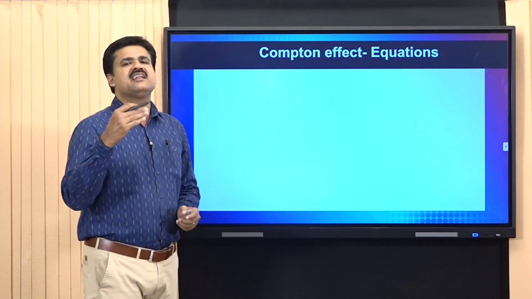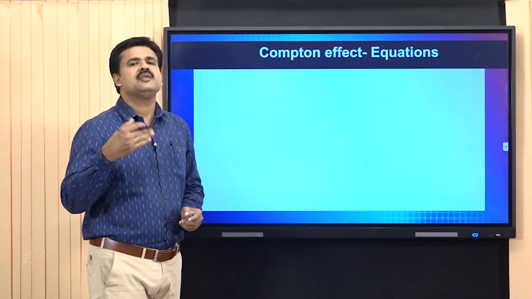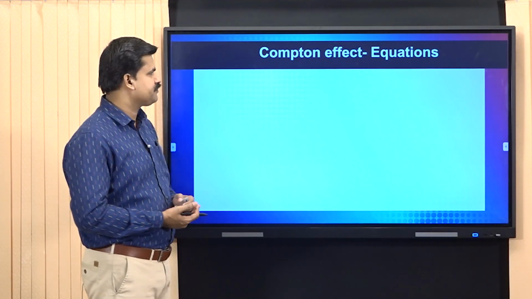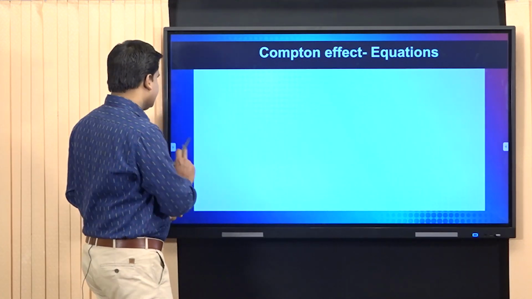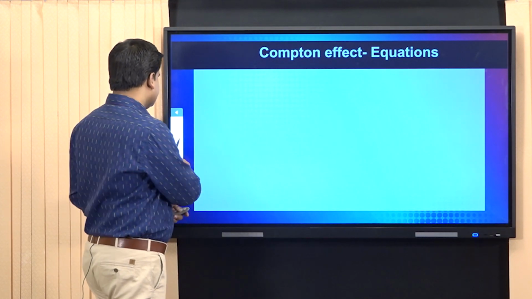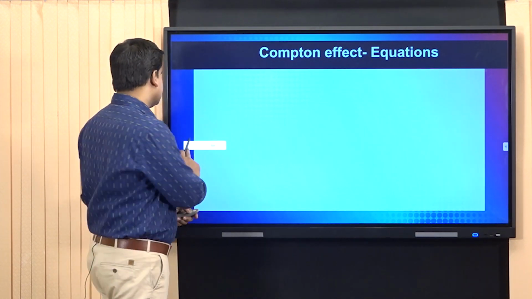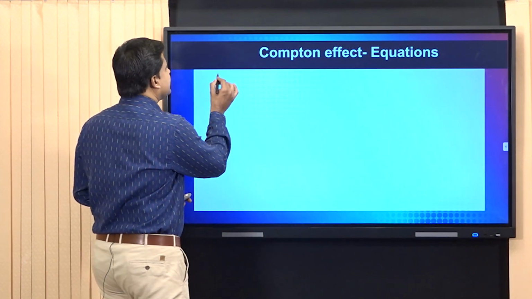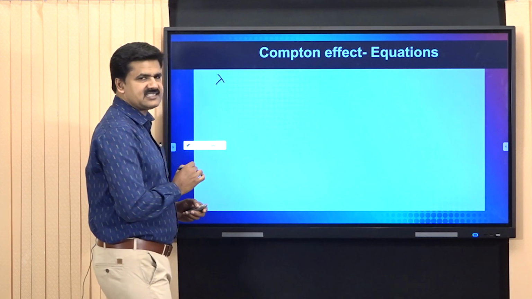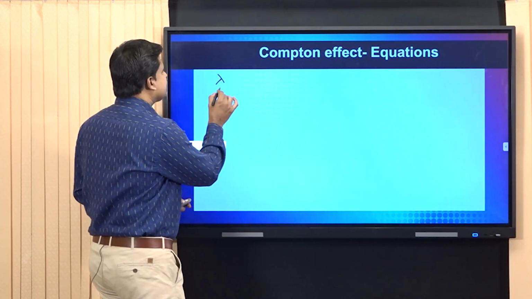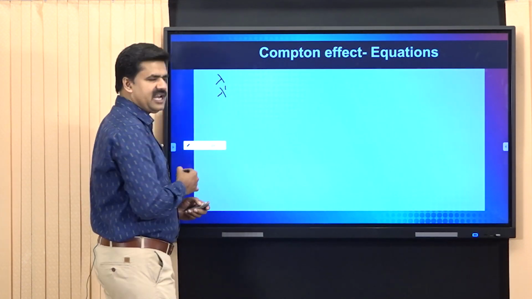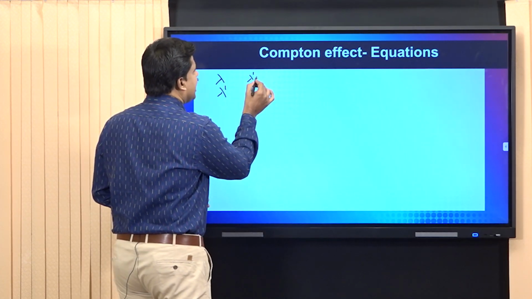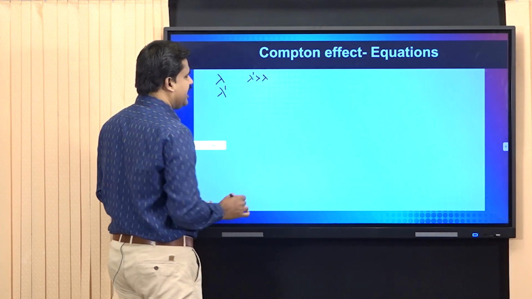Now we can derive some important equations associated with the Compton effect. As I already mentioned, the incident wavelength is always lower than the scattered wavelength. Let the incident wavelength of the X-ray be lambda and the scattered wavelength be lambda dash. Then Compton observed that lambda dash is greater than lambda.